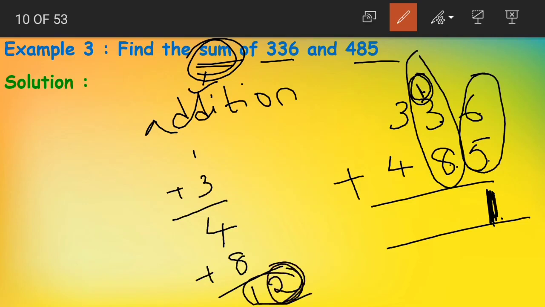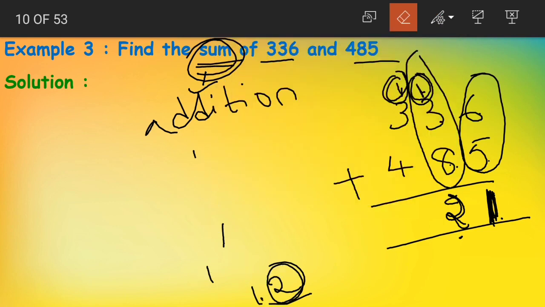So we'll write the digit 2 which is in ones place here. And what will we do with the tens place digit which is 1? Again we carry it to the hundreds place. Yes children? From the number 12 we wrote the digit 2 here, and the digit 1 we carried to the hundreds place.